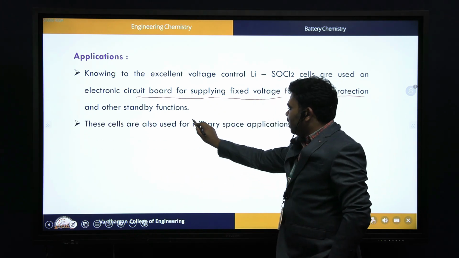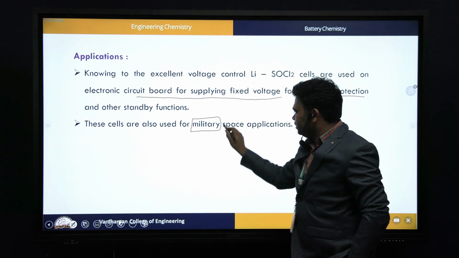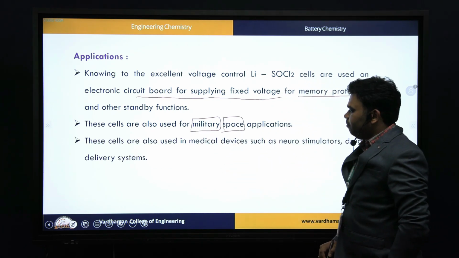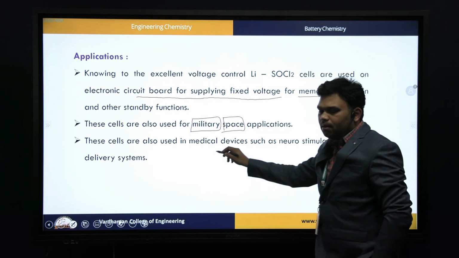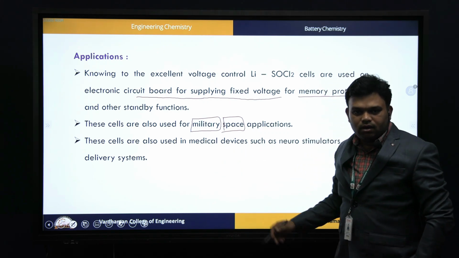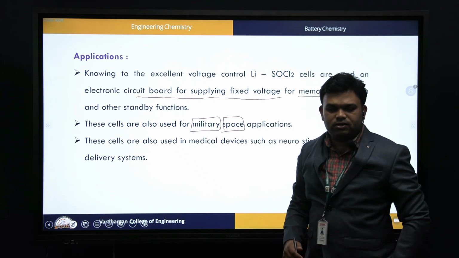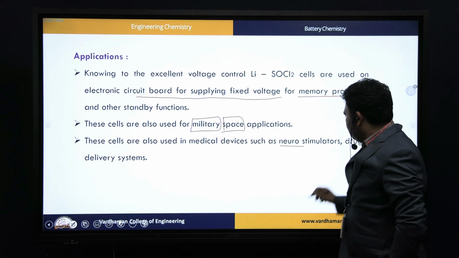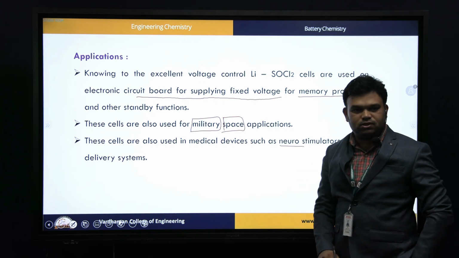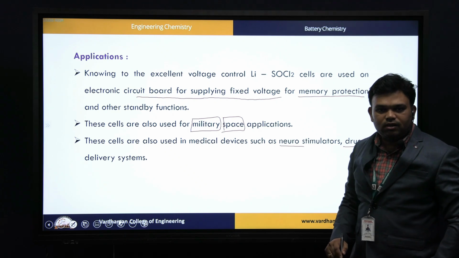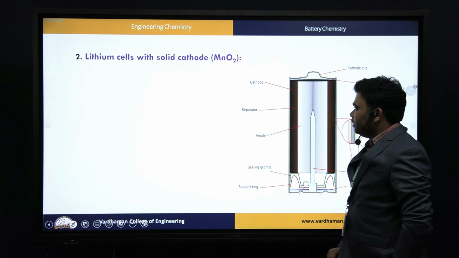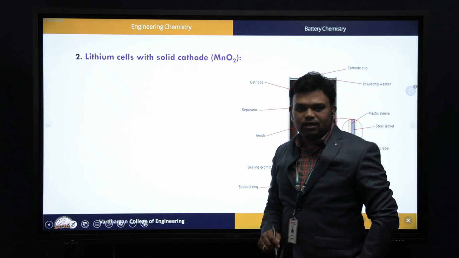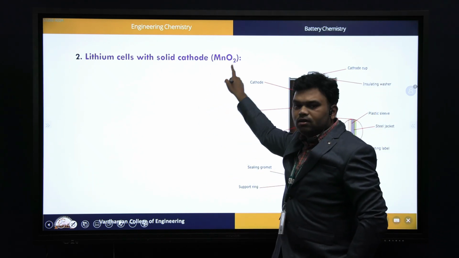Second, they have military applications, and we can also use these lithium batteries in space. They are also used in medical devices like neurostimulators, which are related to the nervous system, and in drug delivery systems. These are the applications of lithium thionyl chloride.